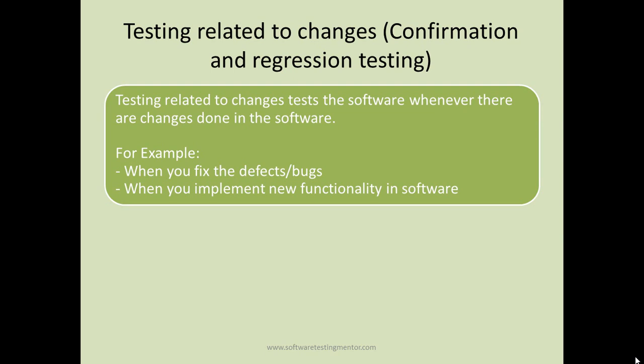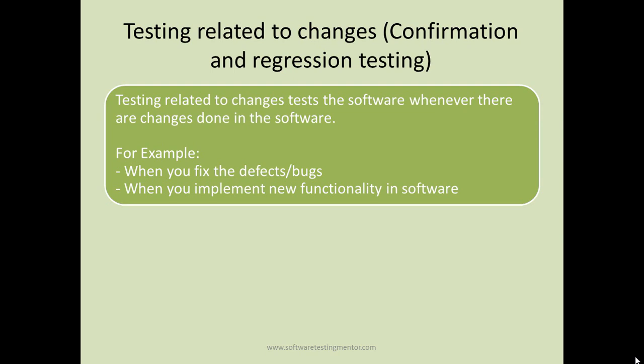Say there is a module which was working before, but due to the defect fix or the addition of new functionality, the new functionality is working now, the defect fix has been done and it's working now, but the related module where the code changes were done is not working now.